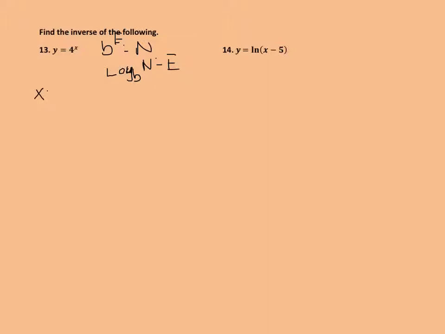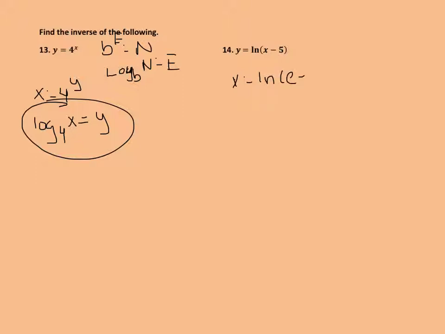So you get x equals 4 to the y, and then you'd have log base 4 of x equals y. So there's the inverse. So switch the x and the y. Not e.